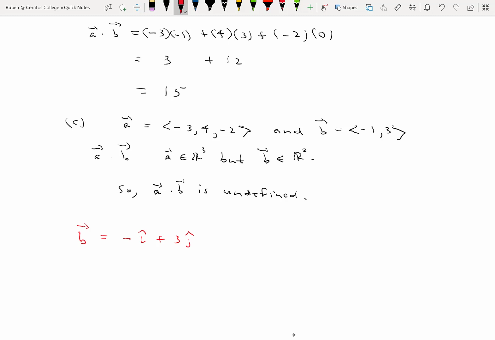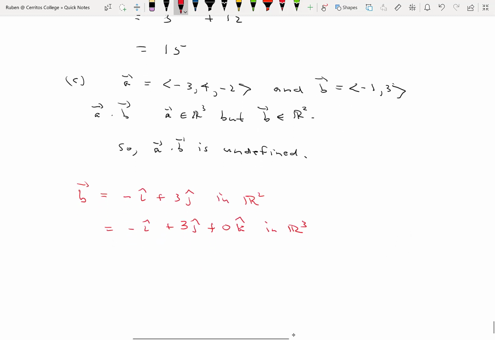If you interpret it as R3, then the vector can be interpreted as negative i plus 3j plus 0k. If it's interpreted as a vector in R2, it's negative i plus 3j. So it can be in either R2 or R3.